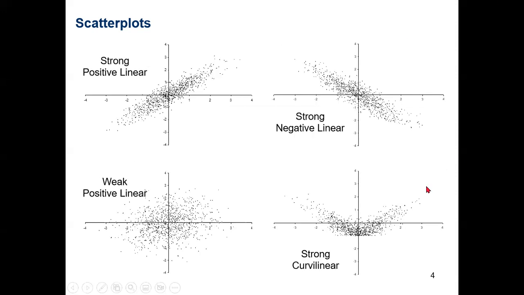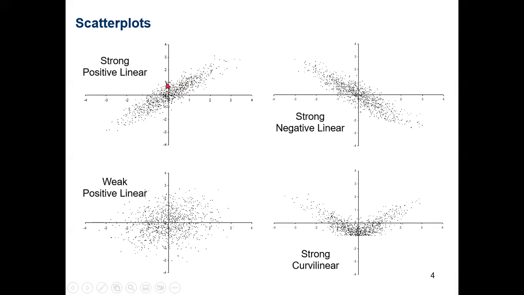So these are examples of scatterplots. The first one is strong positive linear. When one dot is placed on the X-axis, there are a lot of values here on the Y, from very low values to between 1 and 2, pretty much on average.